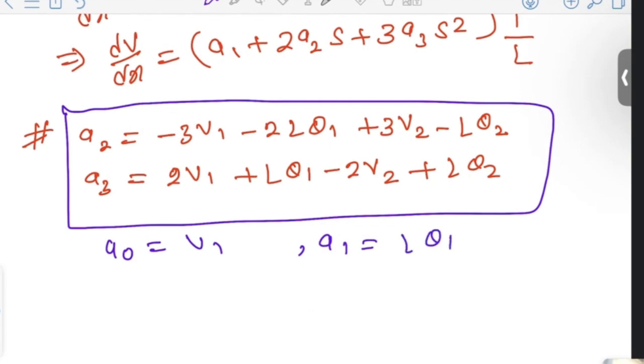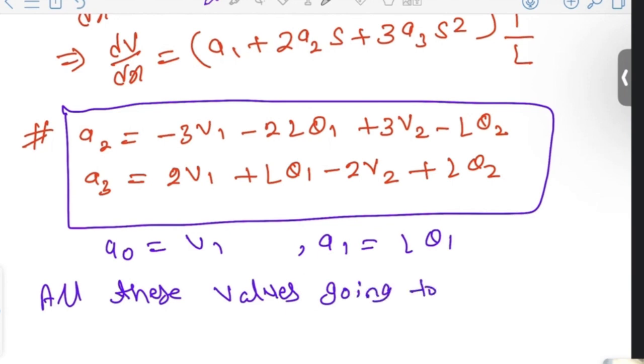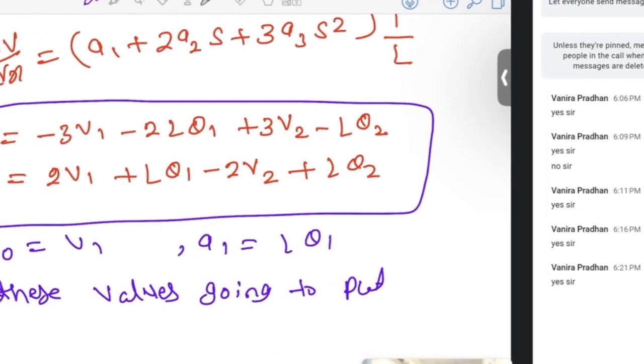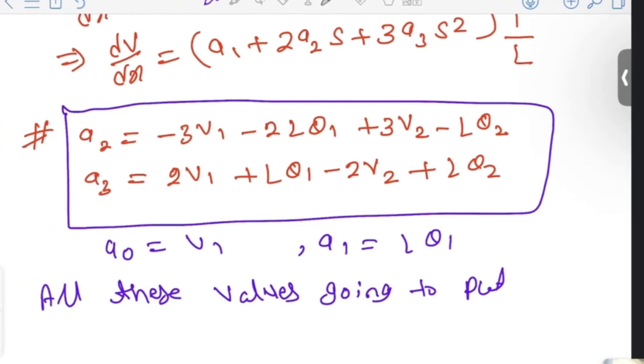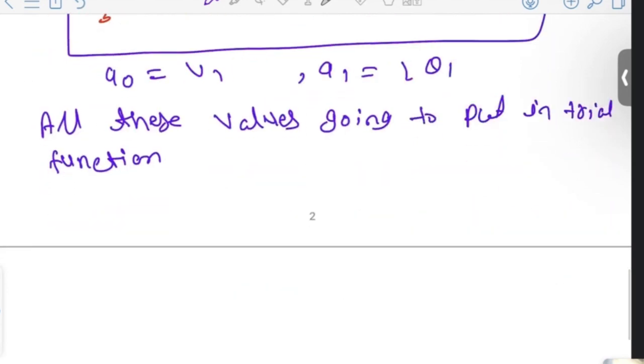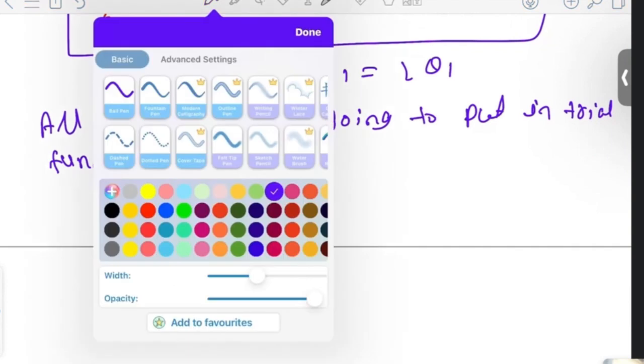All these values we will put in the trial function. So overall, what will we get?